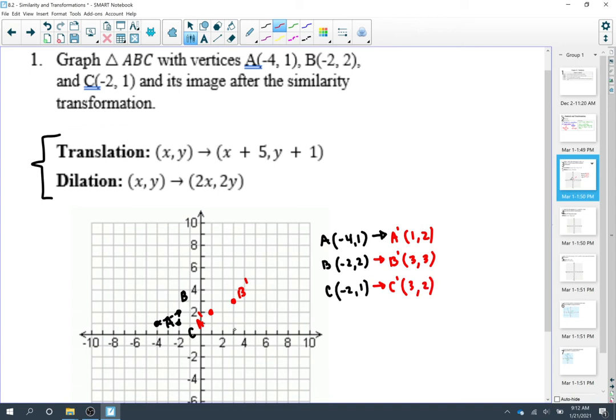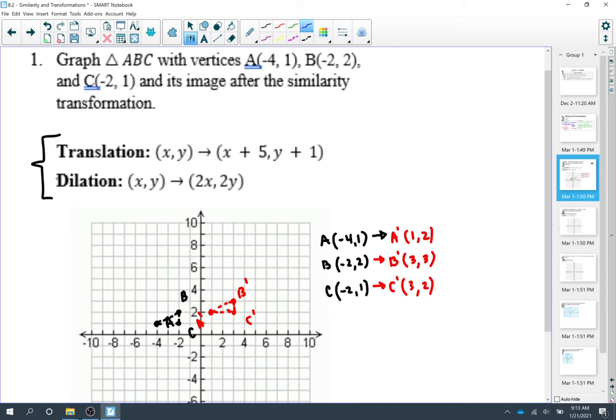So (3, 2), which is C prime. Again, I'm still going to keep this as a dotted line because I'm not done yet. This is not my final figure. And if I look at that, that's considered a rigid motion. It did not change the shape, it did not change the size, it just moved it to the right 5 and up 1. That is a rigid motion.